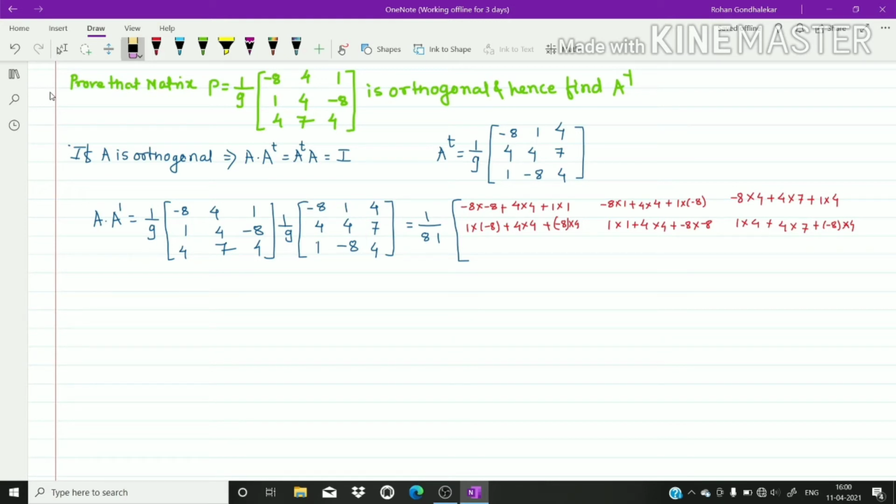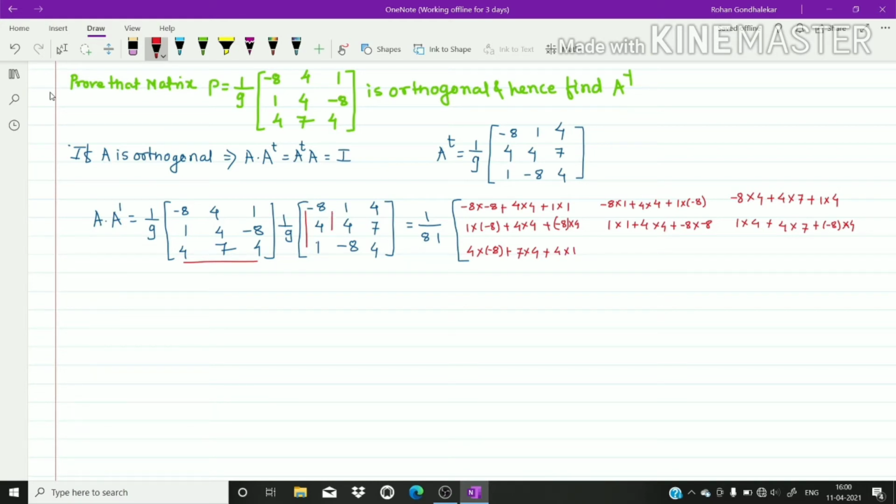I'll wait for a minute. I hope you can easily get the values. Okay, so everyone has now calculated the third row also. Third row, first column would be 4 into minus 8 plus 7 into 4 plus 4 into 1.